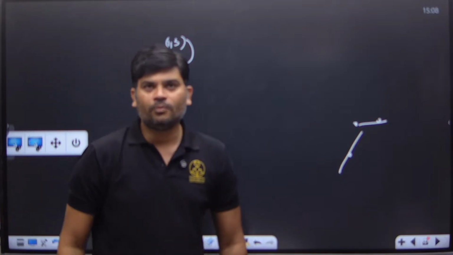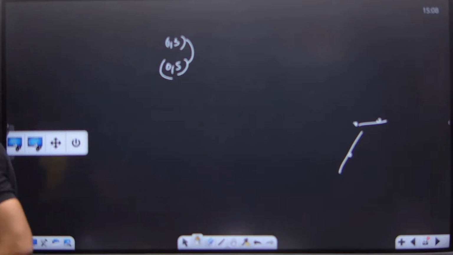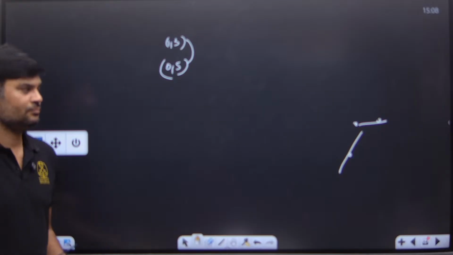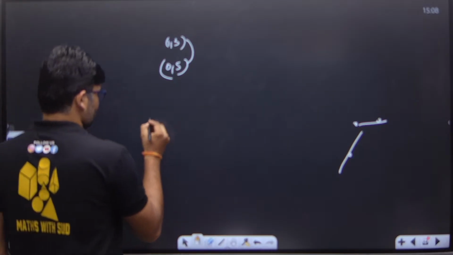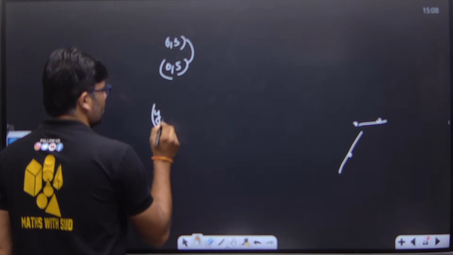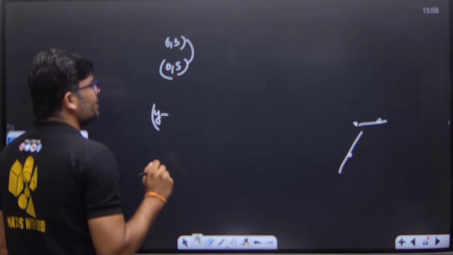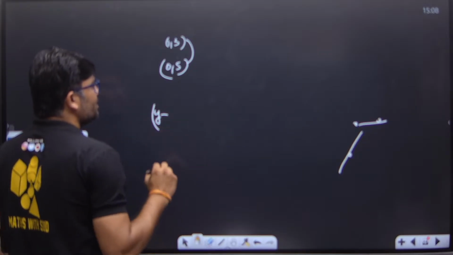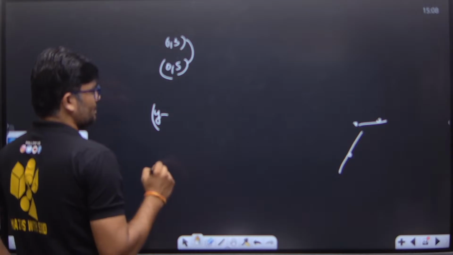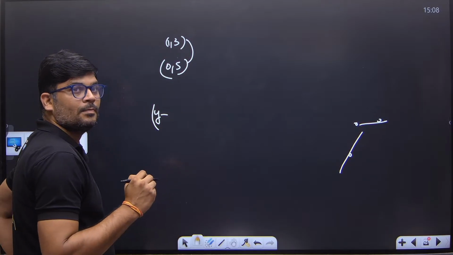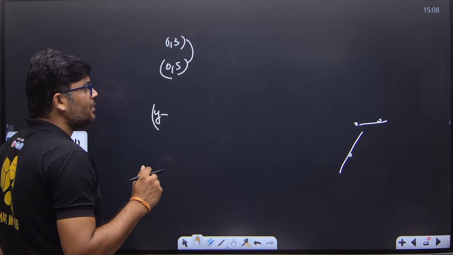So can you tell me what is the slope of this line? y minus y1 equals y2 minus y1 divided by x2 minus x1, times x minus x1. Which point are you considering as y1? 3. Okay.